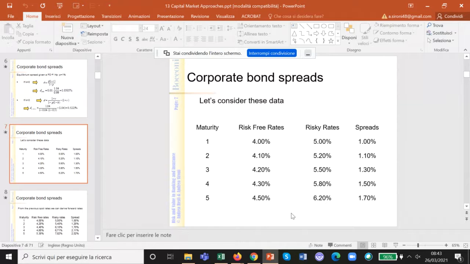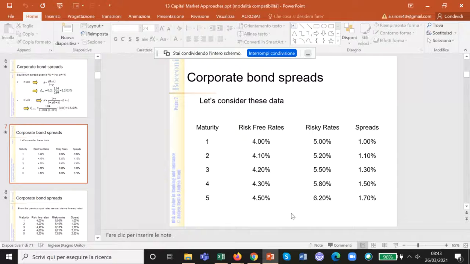So the 1 year is 4%, the 2 years is 4.1%, and so on. And you also have the risky rates for the different maturities. So we can see that also the spreads between the two rates are an increasing function of time. The spreads for different maturities are actually increasing over time.